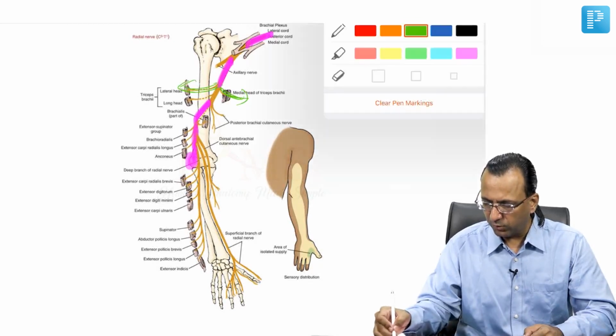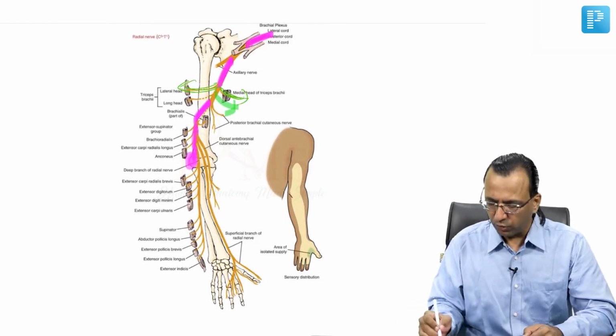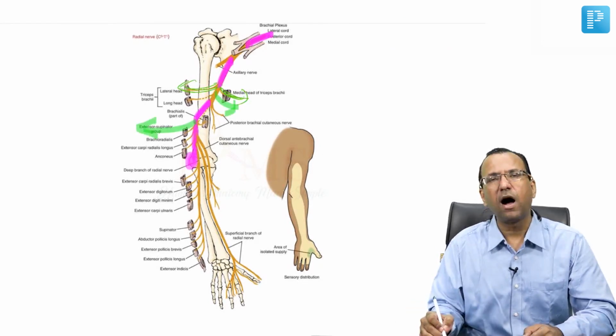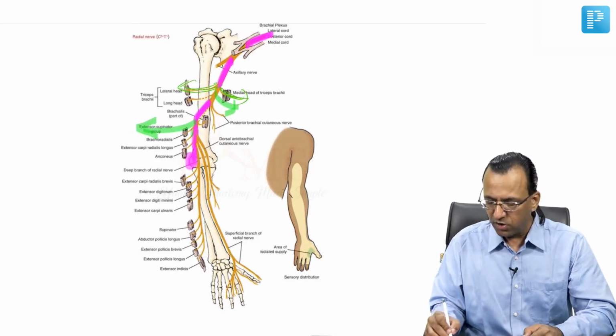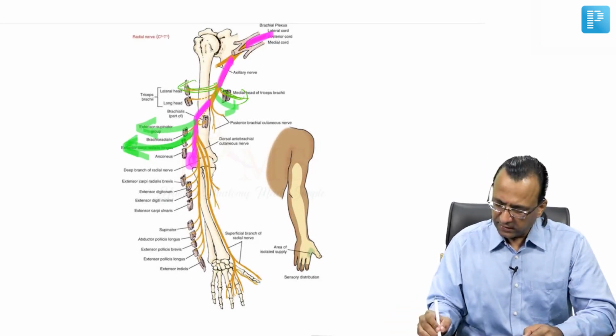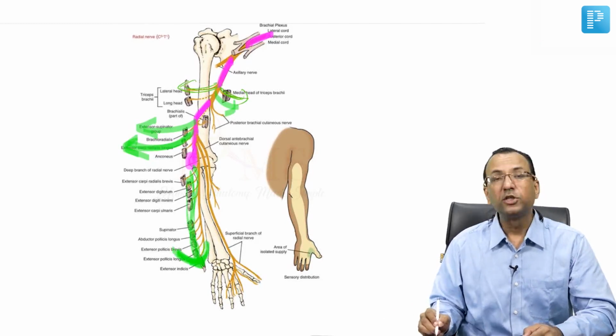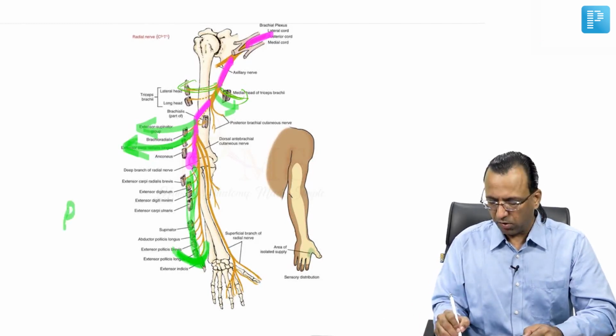When it comes out of the groove, it supplies the ECRL, extensor carpi radialis longus, along with brachioradialis. And then what will it do? It will divide into two branches. One is a motor nerve to supply the posterior forearm muscles, called the posterior interosseous nerve.